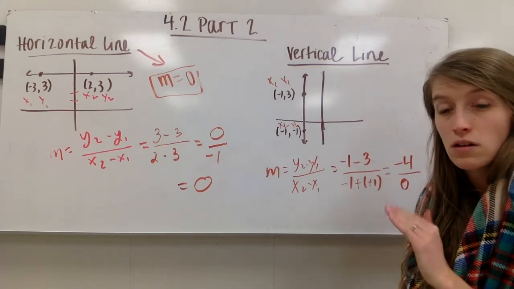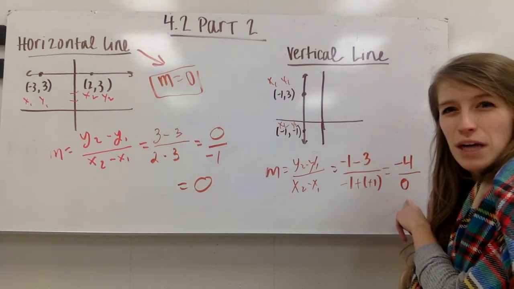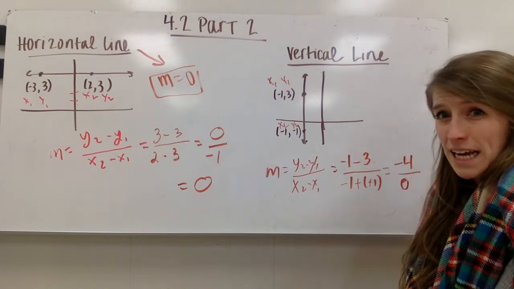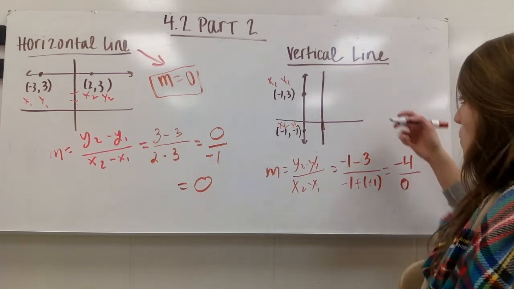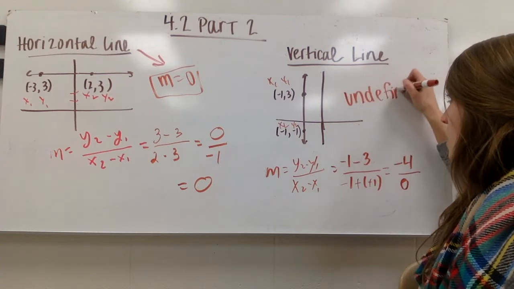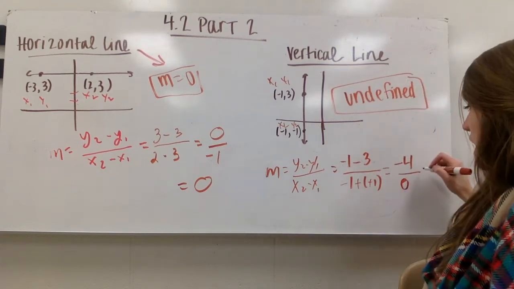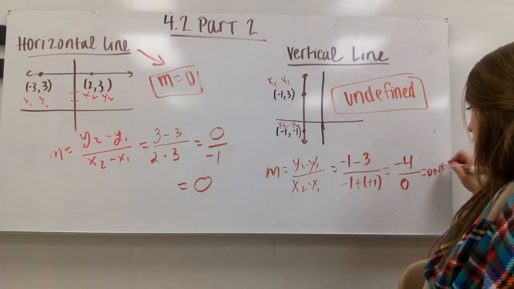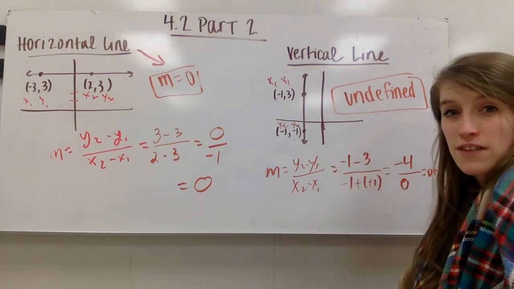Remember, anytime we have a fraction, this is the same as negative 4 divided by 0. We can't divide a number by 0. This does not exist. So we say that our slope for a vertical line is undefined. Because we cannot divide by 0, our slope is called undefined.